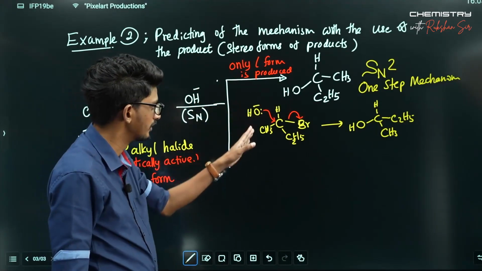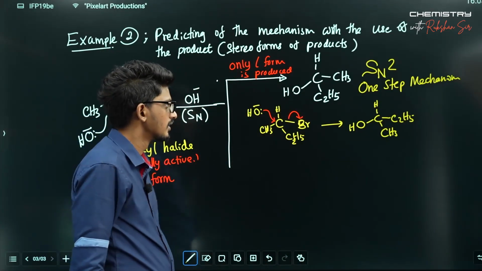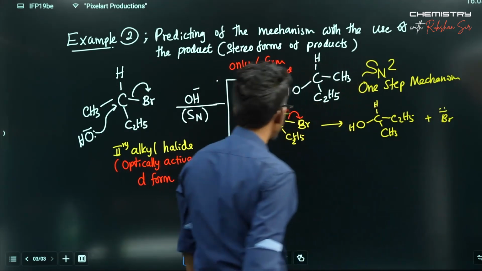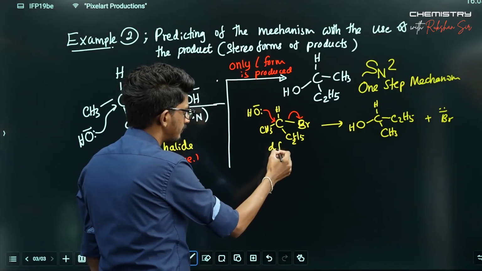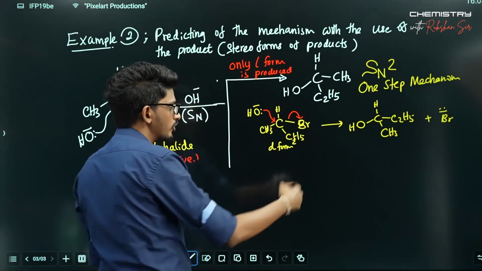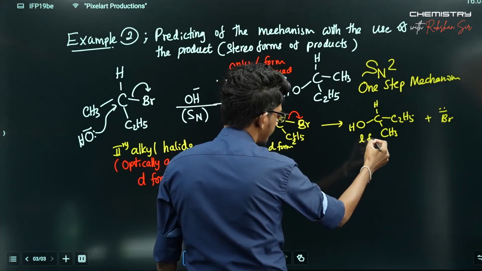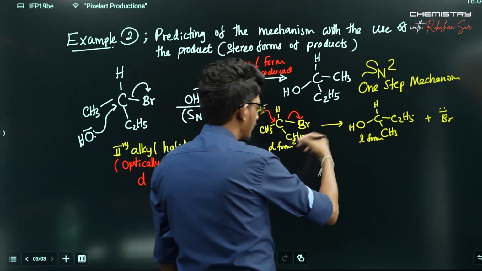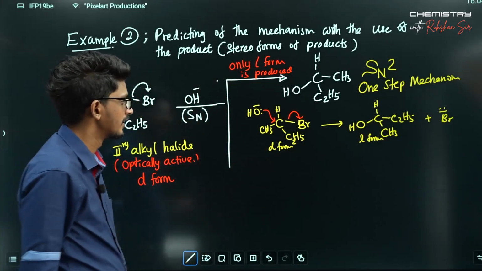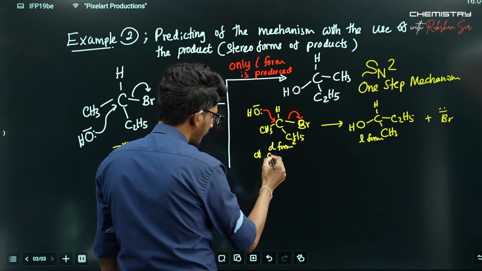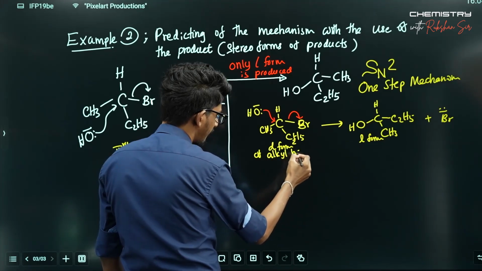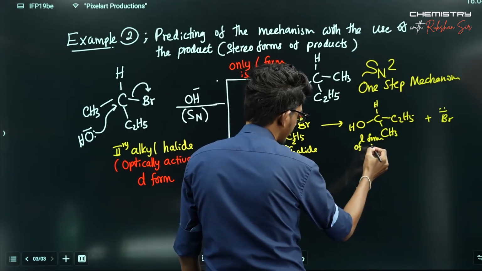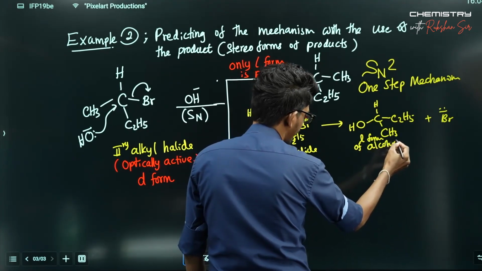This will be attacked from here, and all these things will shift to this side. So that is the one-step mechanism. If this is the D form, this could be the L form. These are not the mirror images of each other. It's a D form of the alkyl halide, and this is the L form of the alcohol. That is the idea.